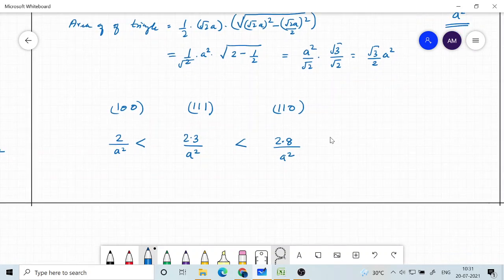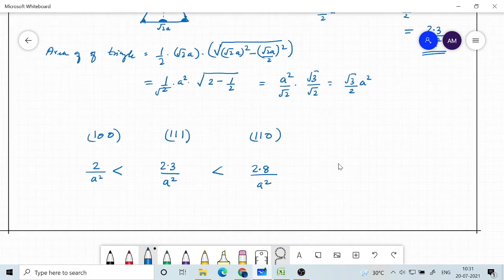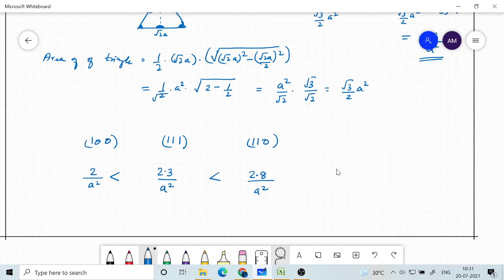Now, why is surface density very important? There are per unit area more number of atoms on the surface. If you consider this plane, that is the 110 plane, more number of atoms are basically unsatisfied.